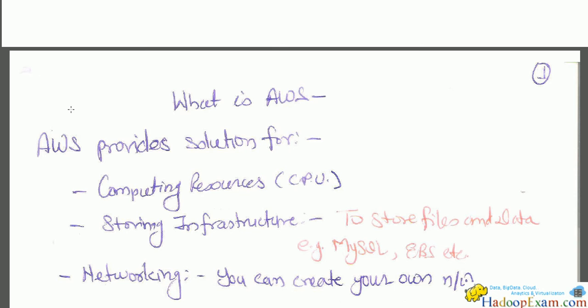Storage infrastructure is for the various files being created while working, like images, documentation, PDF documents, CSV files, data files, etc., or direct database solutions like RDBMS using Oracle, MySQL, DynamoDB, etc. These are the storage infrastructure provided by Amazon.